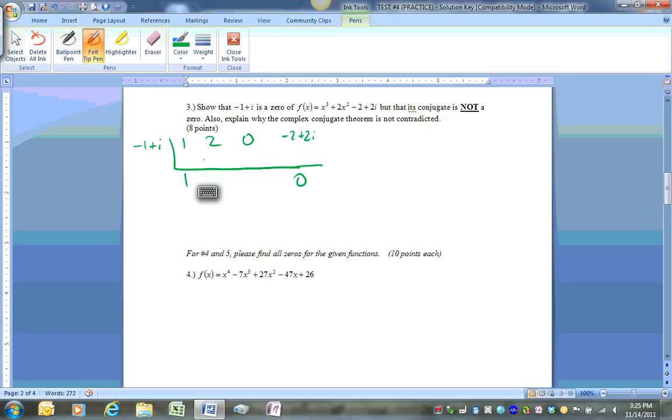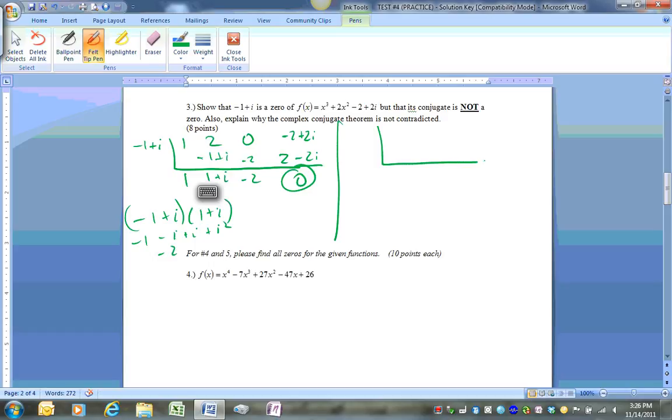Drop the 1 down, multiply it, add it. Multiplying this is not going to be pleasant, but work it out. You get negative 1 minus i plus i squared, which becomes negative 2. Drop it down, multiply it, you get 2 minus 2i. So that works.